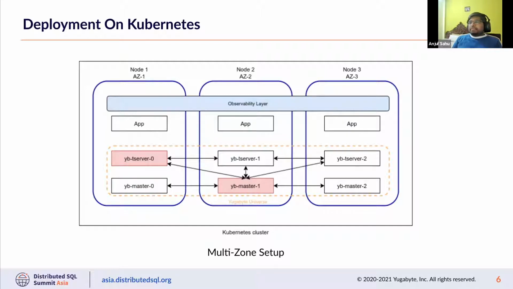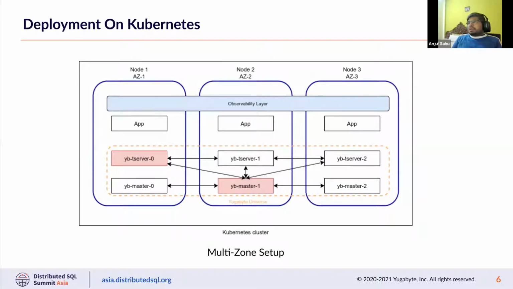You need a minimum of three masters and three tablet servers to provide high availability, and you can add any number of nodes and horizontally scale your deployment.